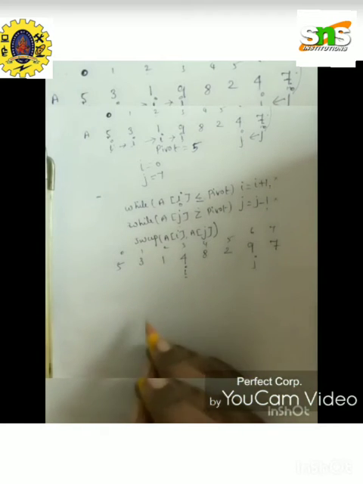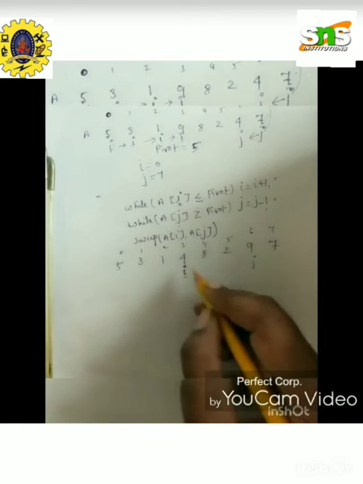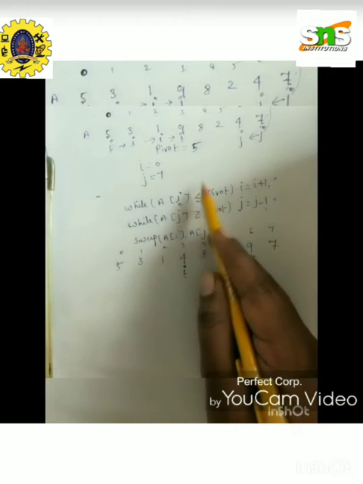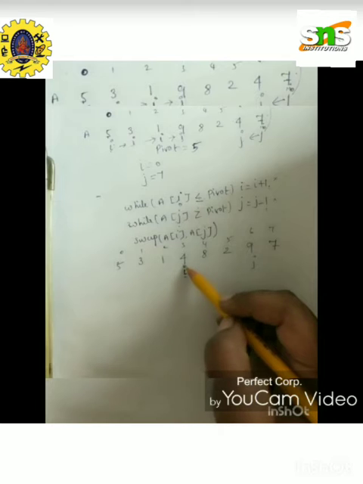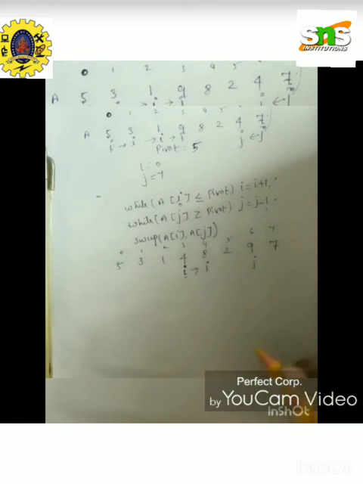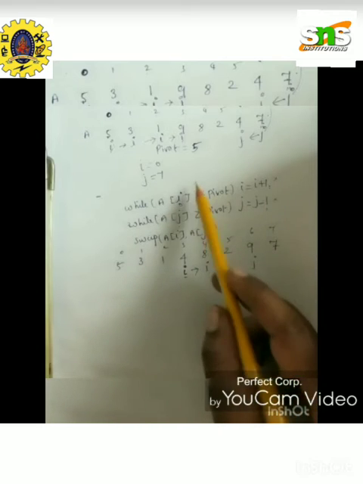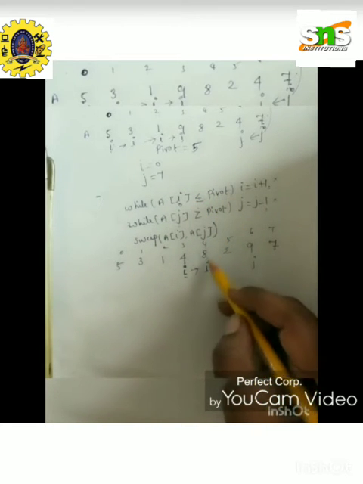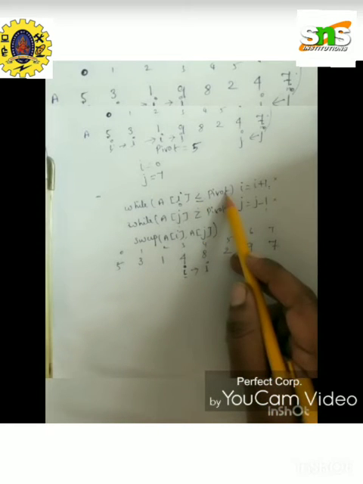I will explain. Now i points here. Now check a of i. What is a of i? 4 is less than or equal to the pivot 5, condition true. Now i moves here. Next, the fourth location has the value 8, which is less than or equal to 5, condition fails.